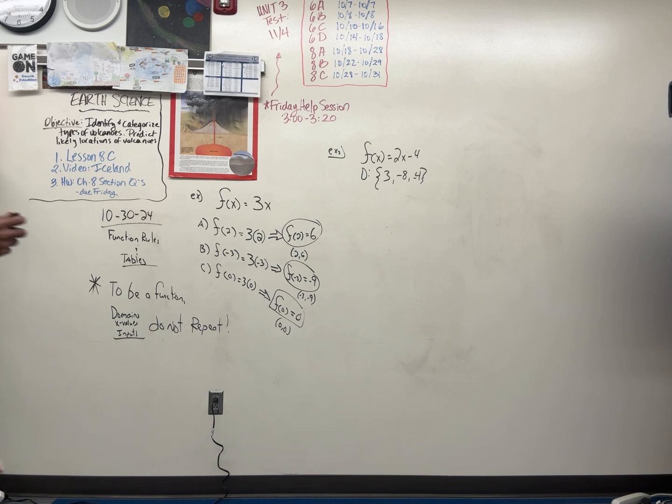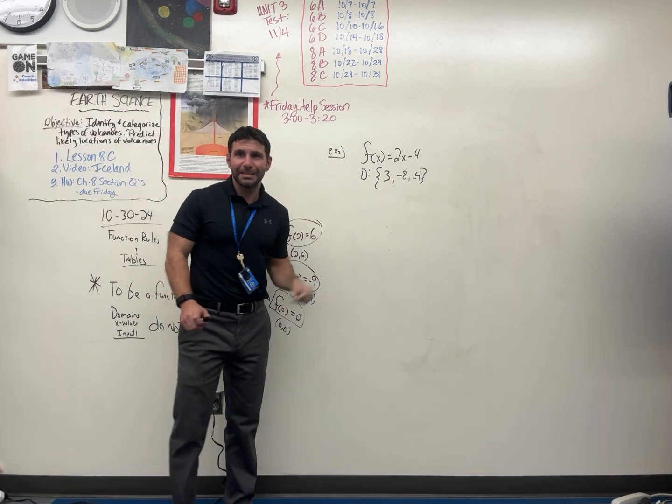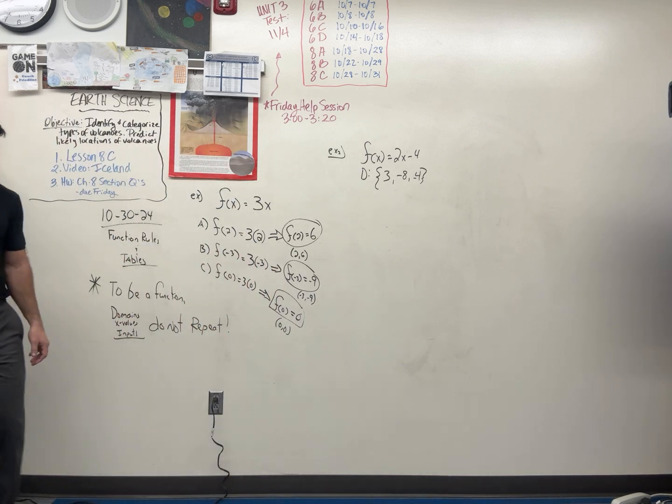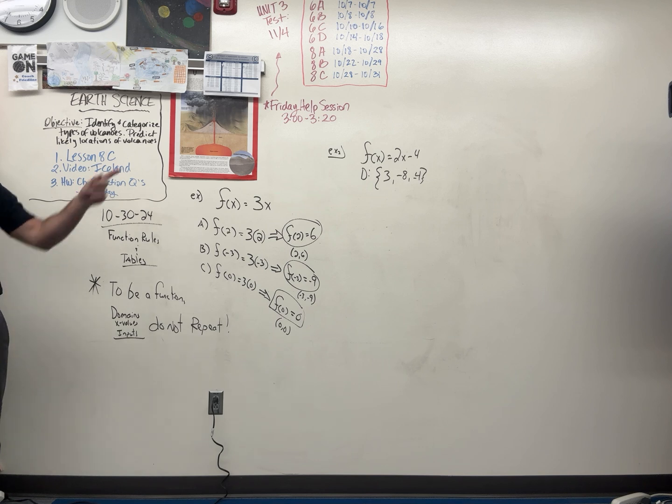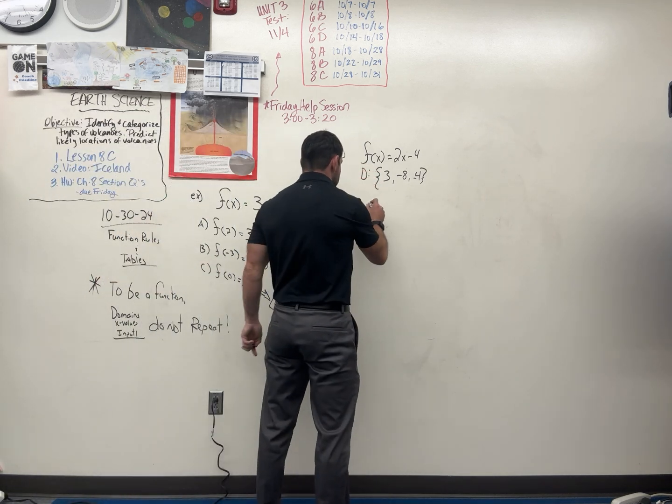D, this is the set of something, is 3, -8, and -4. What do you think D stands for? Domain. The domains, which is which values? The x values. How many different numbers are we going to have to solve this equation for? How many x values are there? 3. Yeah. So I'm going to say the first one is 3.